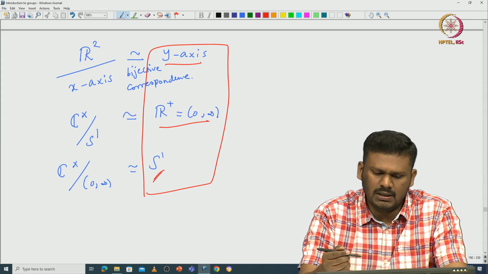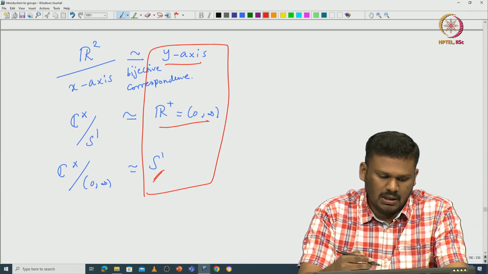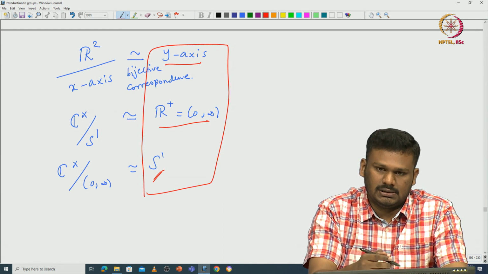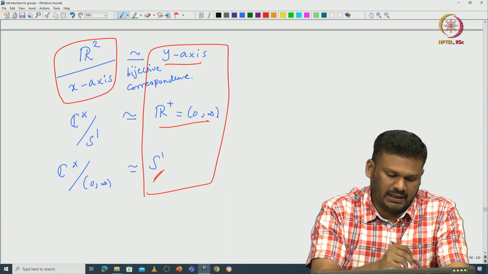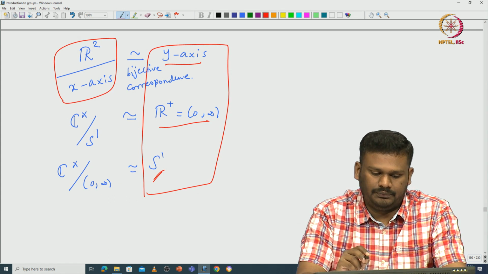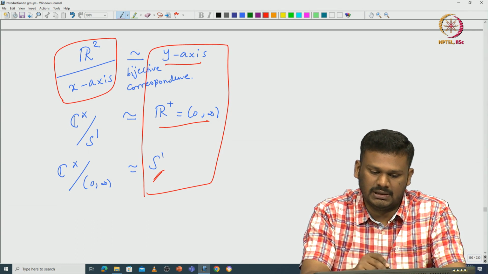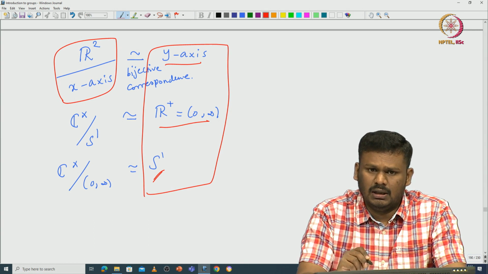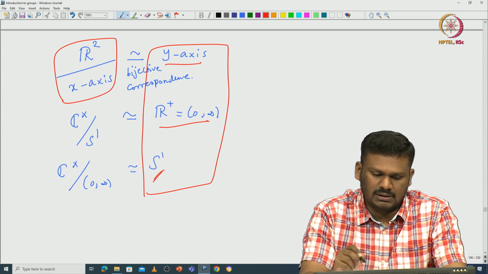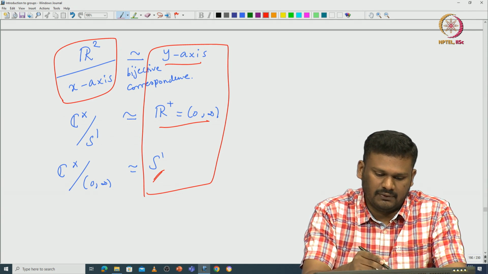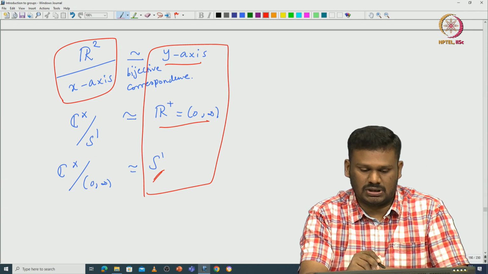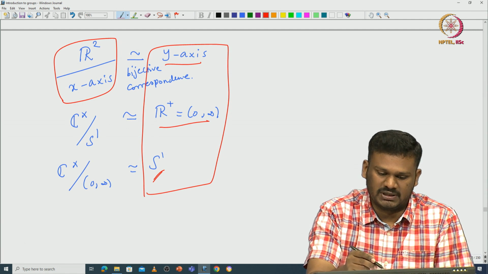So that means these left cosets that we have on the right hand side, by identifying them with these natural representatives, carry some kind of interesting group structure.